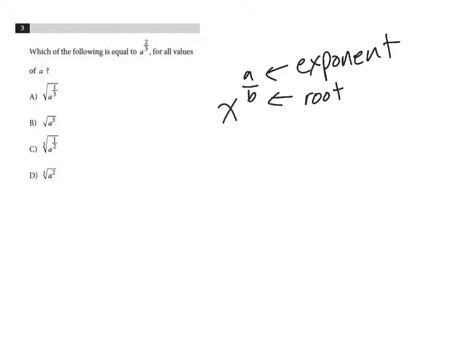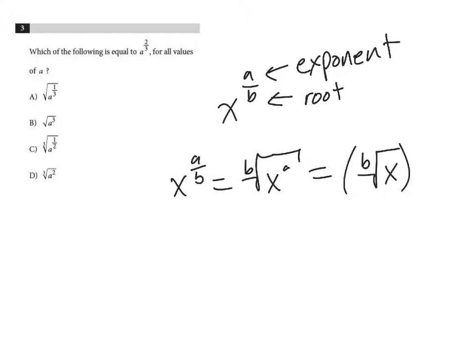So x to the a over b could be the b root of x to the a, or it could be the b root of x all raised to the a. One of these two. And if we look over here, we've got 3 is the denominator, so that's going to be the root. That's going to eliminate these two. And we have 2 as the numerator, so that 2 is going to be the exponent, d.